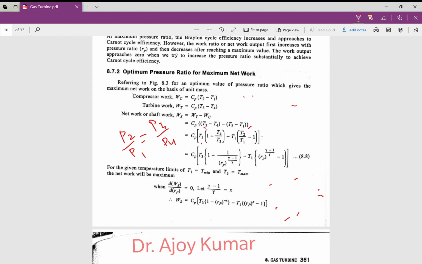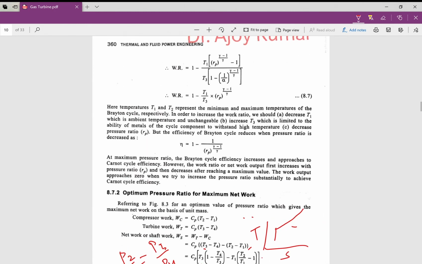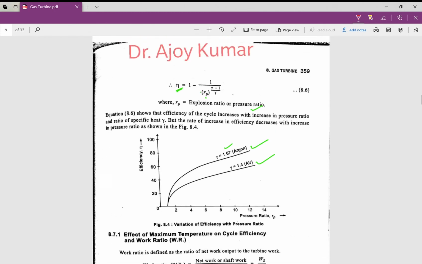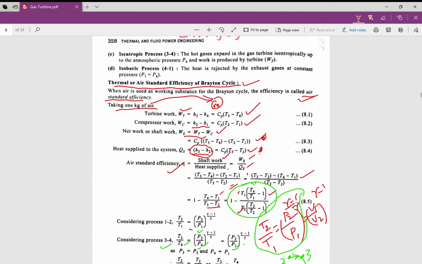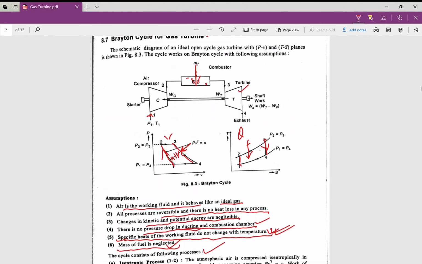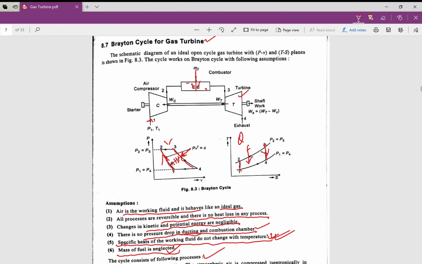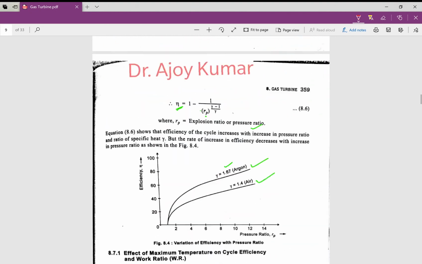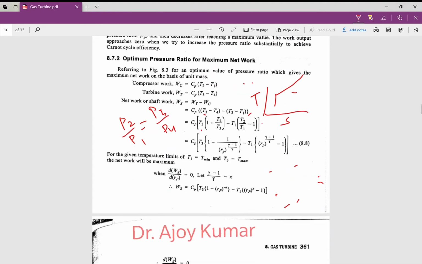The TS diagram you already know, that is like this. I will show you. Yes, this is your TS diagram. I am drawing once again. 1, 2, 3, 4.